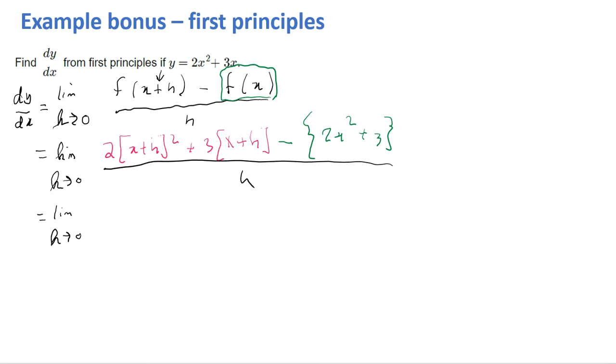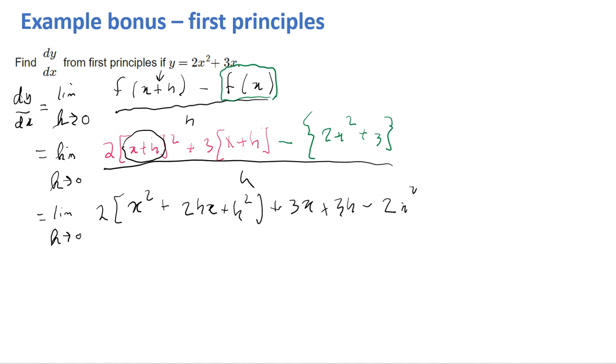Simplification gives us 2. I'm first going to multiply this bracket over here by itself. So it is x squared plus 2hx plus h squared, plus 3x plus 3h, minus 2x squared minus 3.